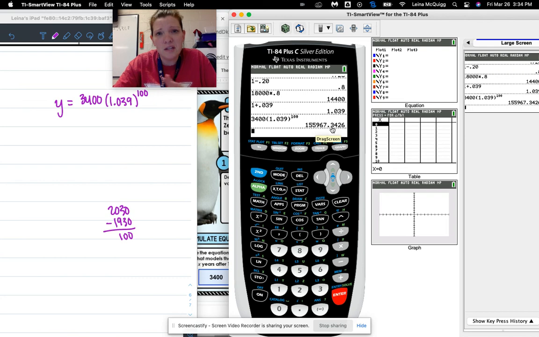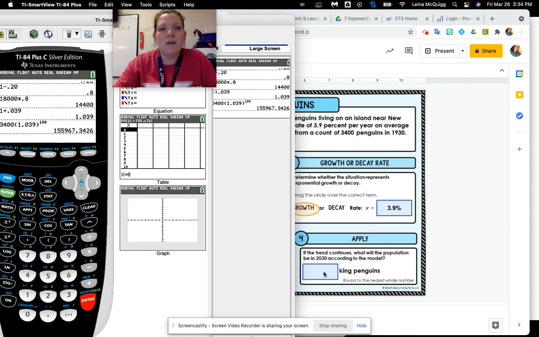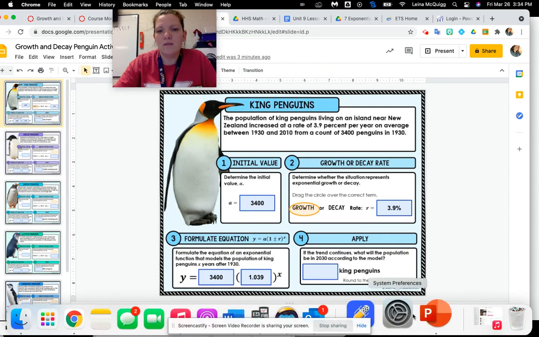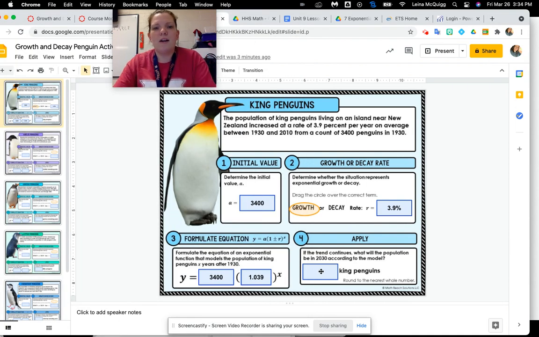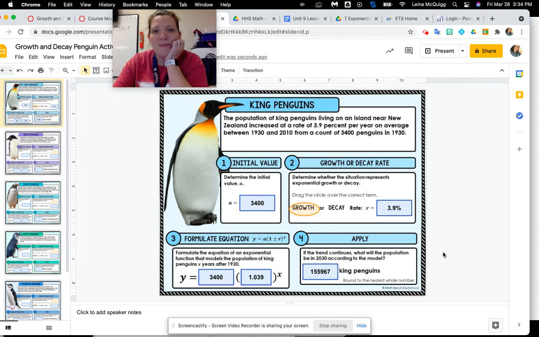We're going to knock off these decimals, they don't count as penguins. They're still little baby eggs or something, okay? So we're not going to count those. So we're going to write in here 155,967. That's how many penguins we have.